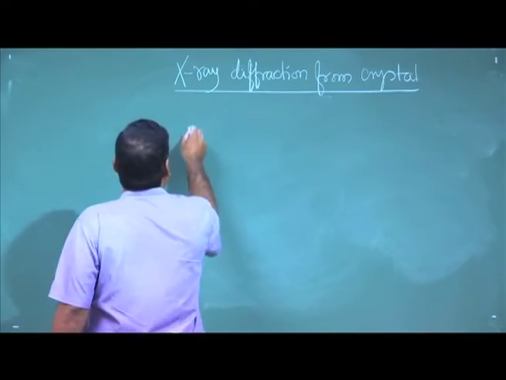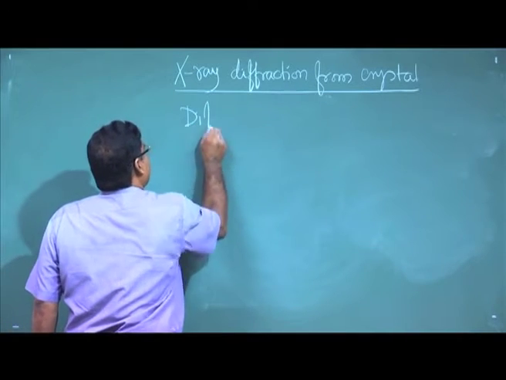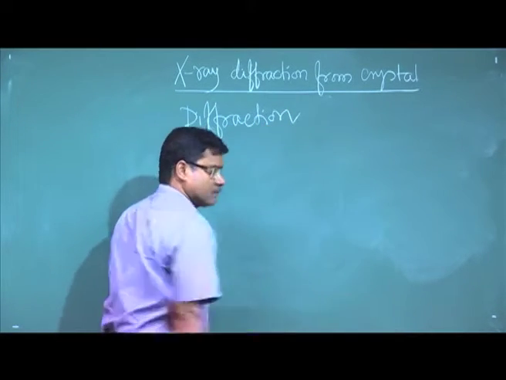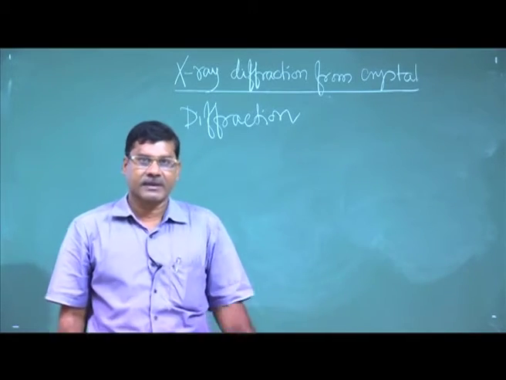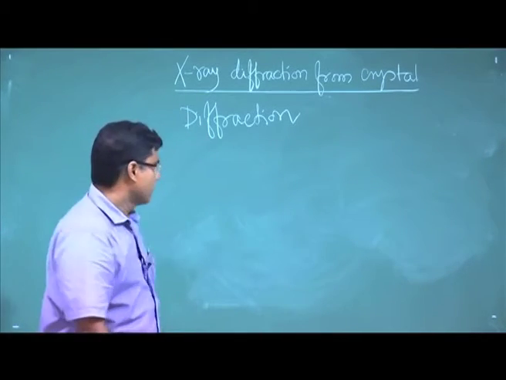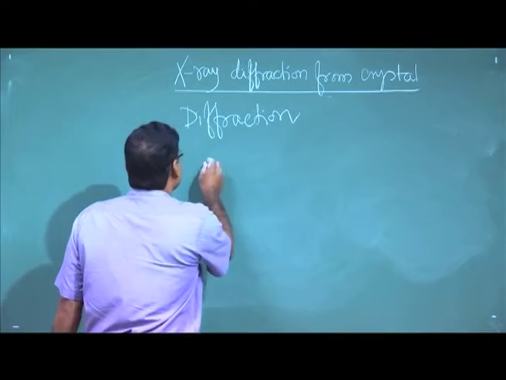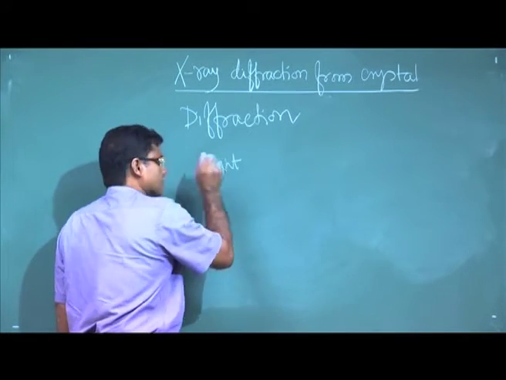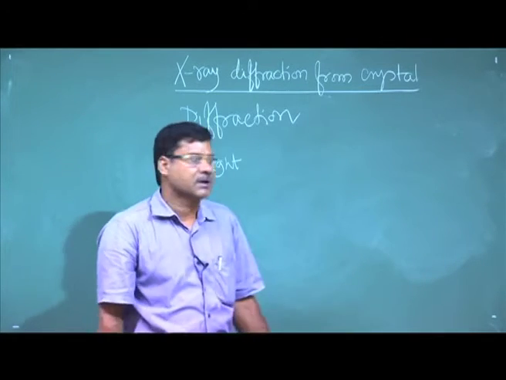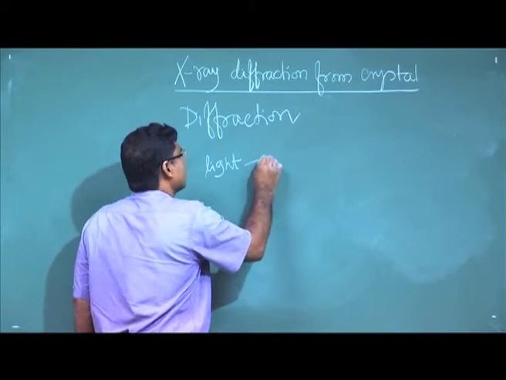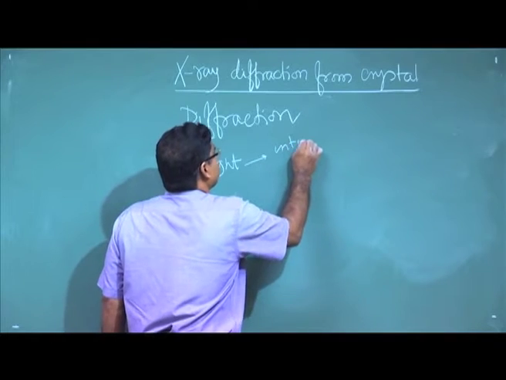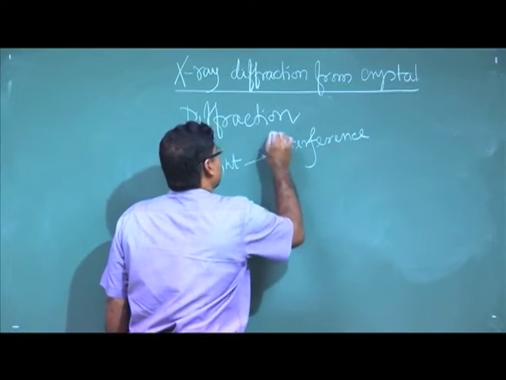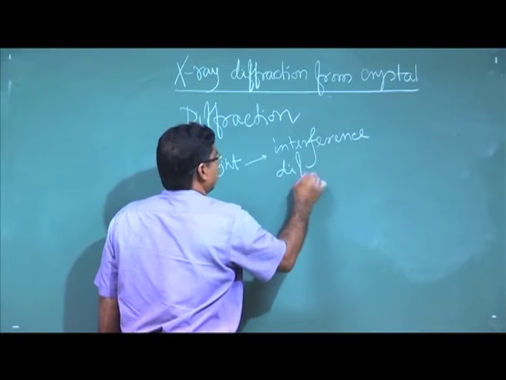You are also familiar with diffraction. Light is an electromagnetic wave. It is a wave, so it shows interference and diffraction, right.